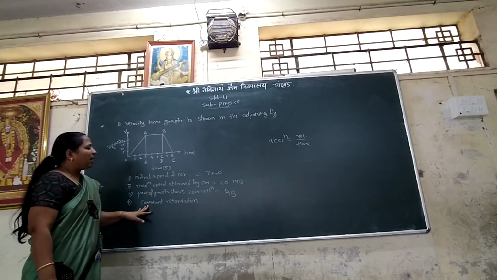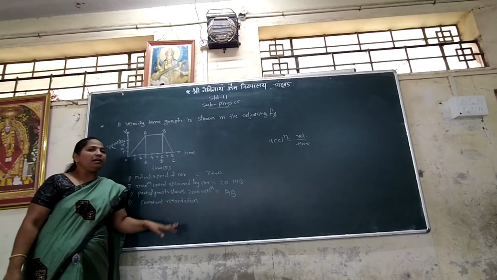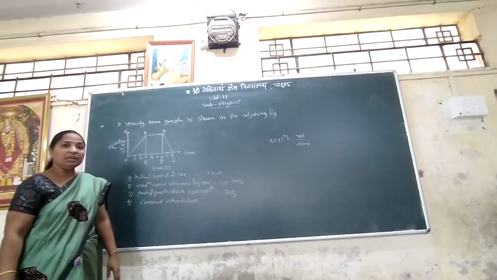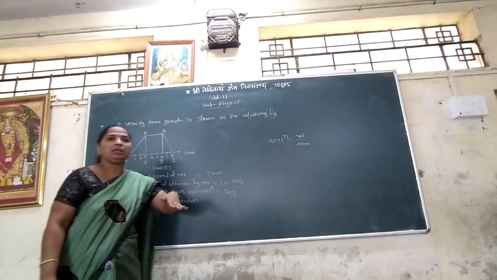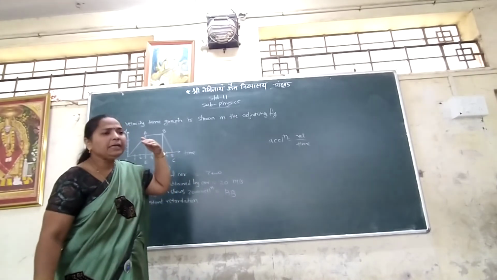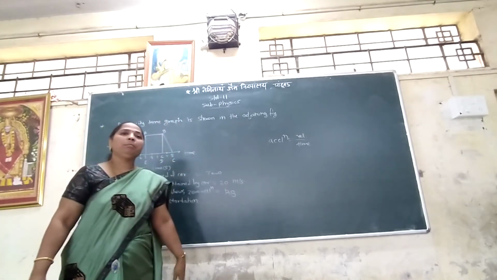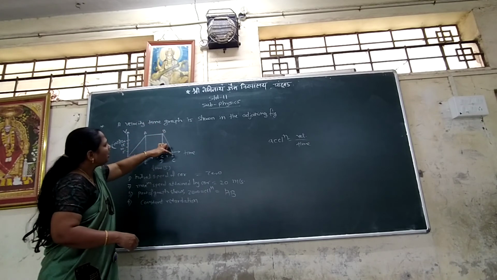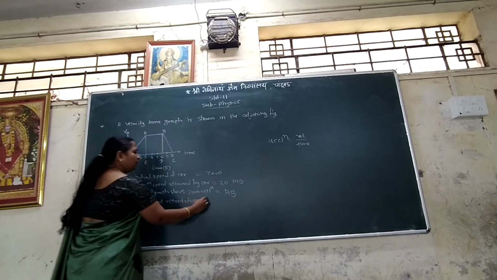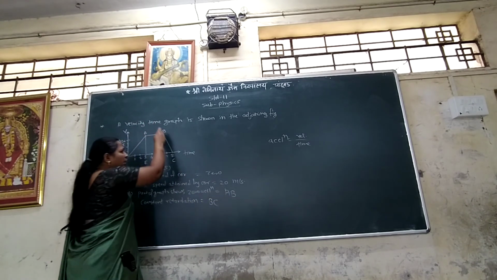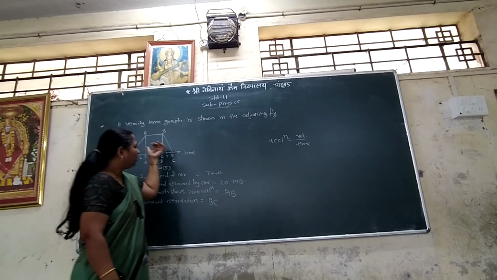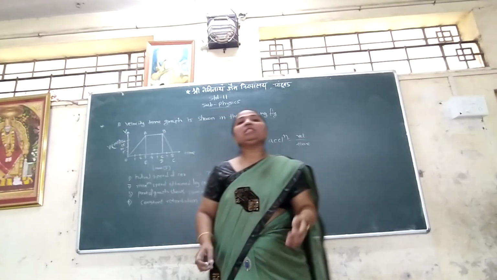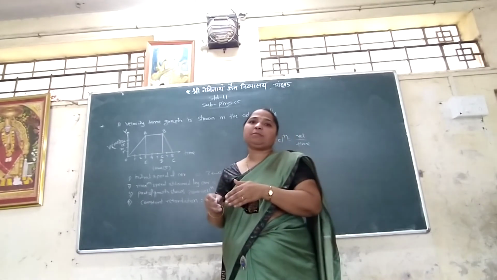And the fourth part is constant retardation. Retardation means negative acceleration, velocity decreasing with respect to time. The BC part shown in the graph is constant decreasing velocity with respect to time.